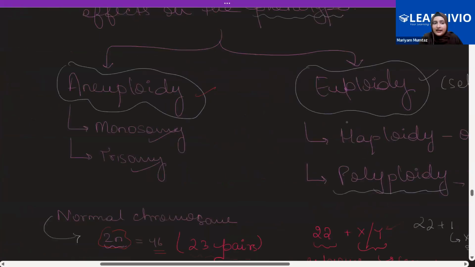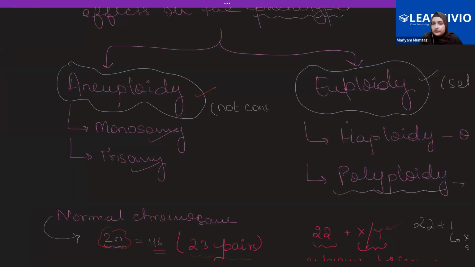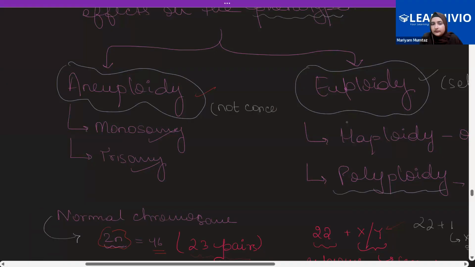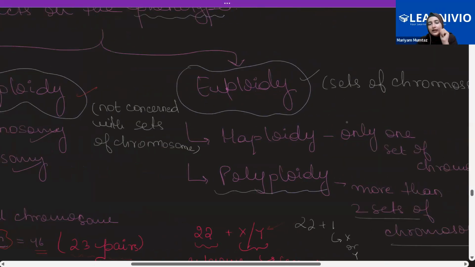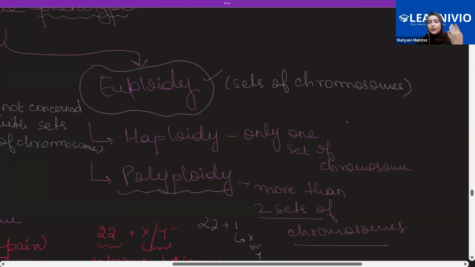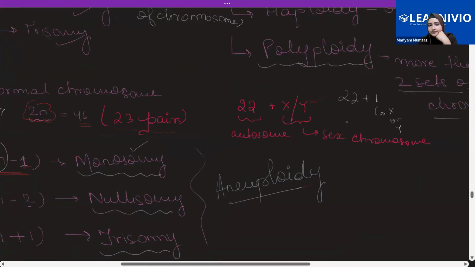Whereas aneuploidy is not concerned with sets of chromosomes. It's like one increment, two increments, or a decrease like that. But no sets are involved. In the case of euploidy, sets are involved: 3 set, 2 set, 1 set like that. Clear?